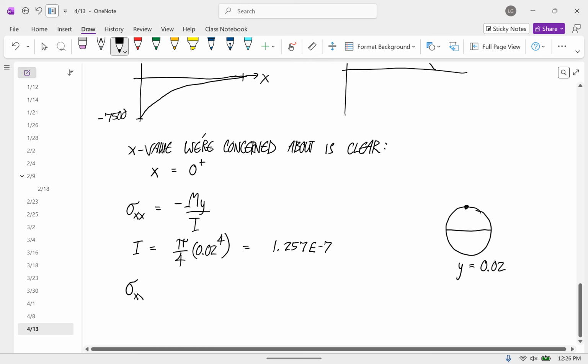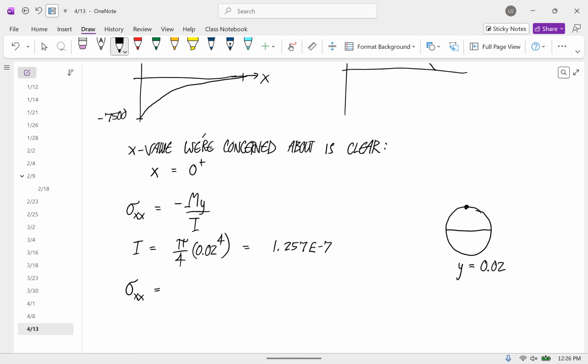So sigma xx is equal to negative of negative 7,500 times y divided by 1.257 times 10 to the minus 7. And oh my goodness, you get a value of 1.194 times 10 to the 9th pascals.